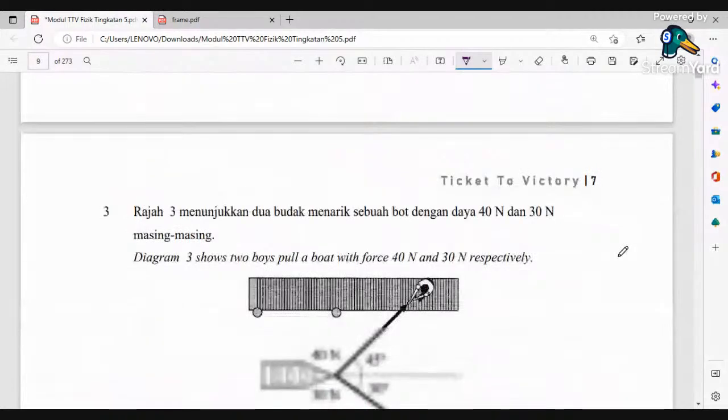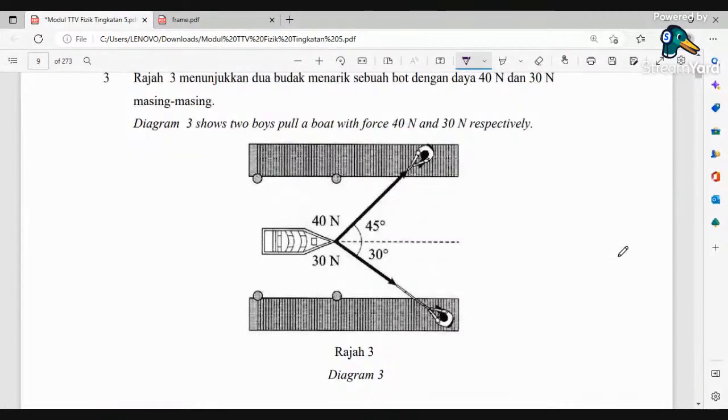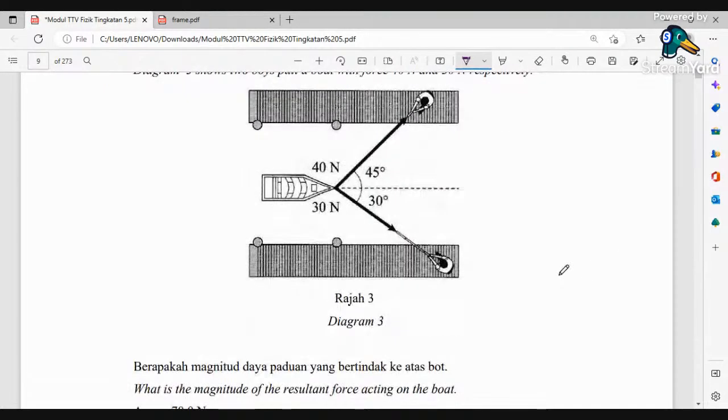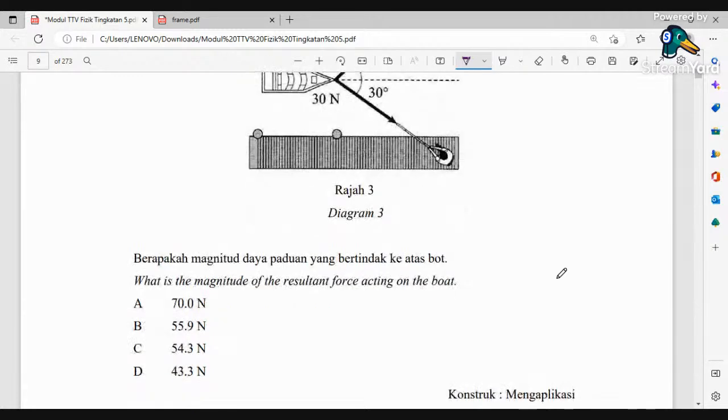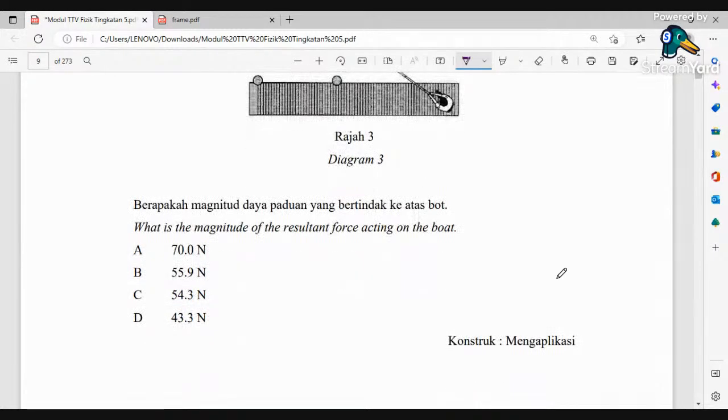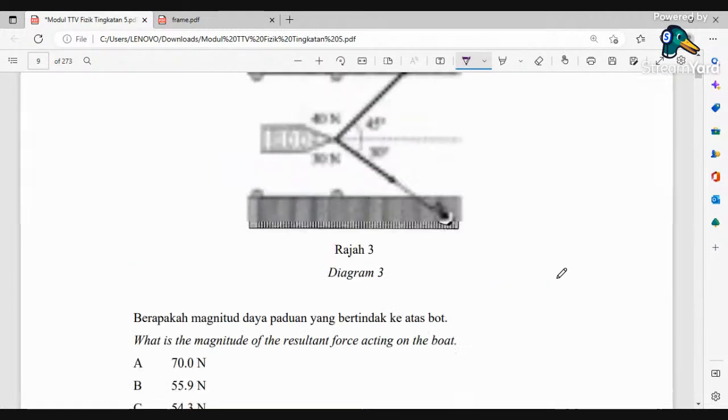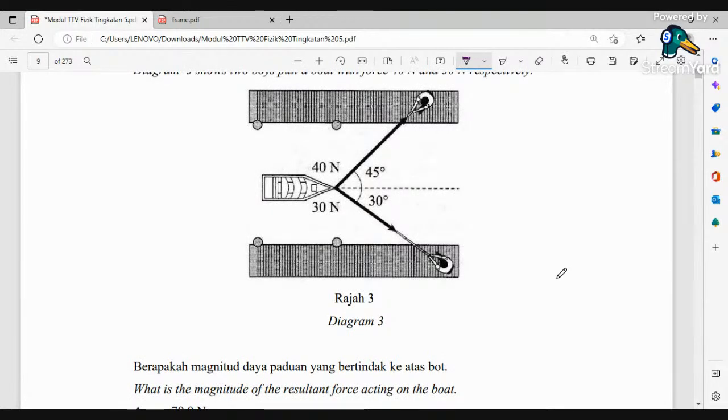Number 3. Diagram 3 shows two boys pulling a boat with forces 40 and 30. What is the magnitude of the resultant force acting on the boat? There are many methods to solve this type of question.